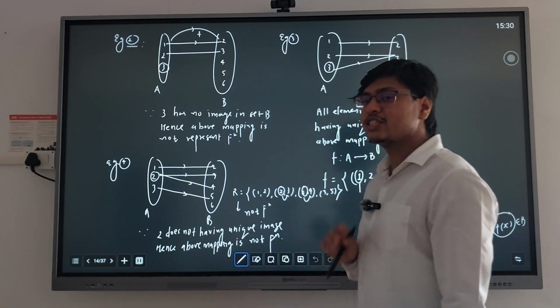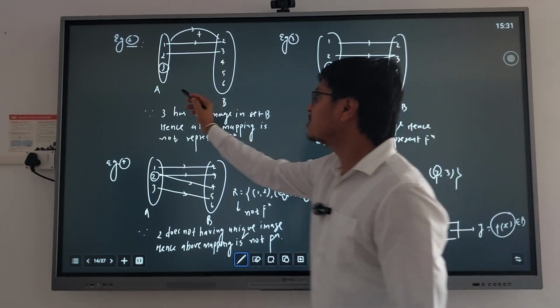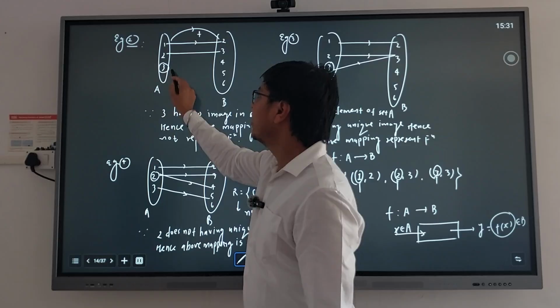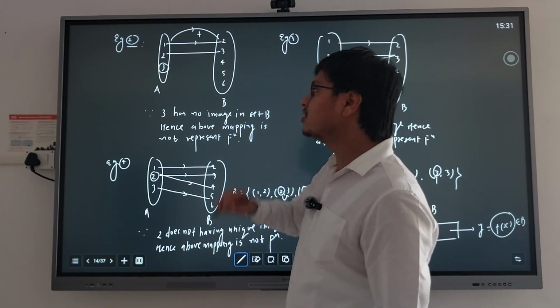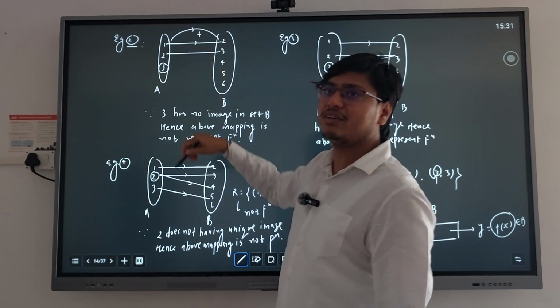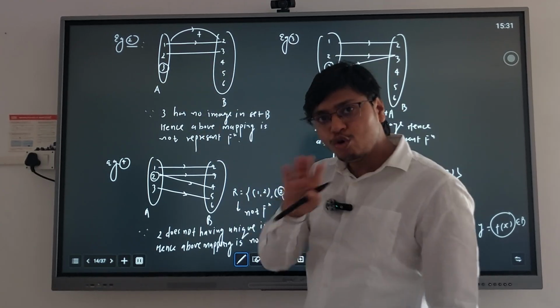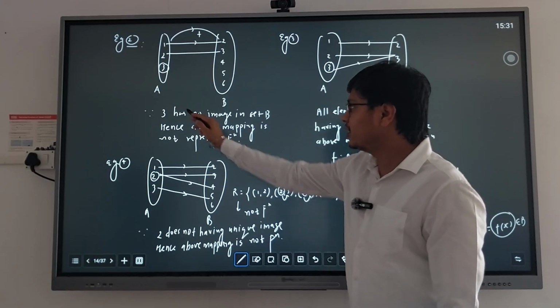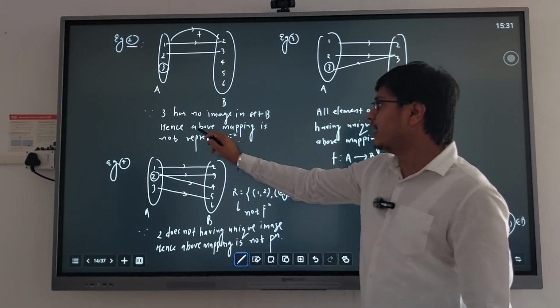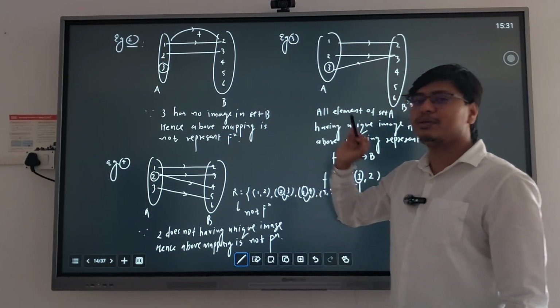No, this is not a function. Why? Because in set A the element 3 has no image, but the first condition of a function is that all the elements have an image, and 3 has no image. That's why this example does not represent a function. So 3 has no image in set B, hence the above mapping does not represent a function.